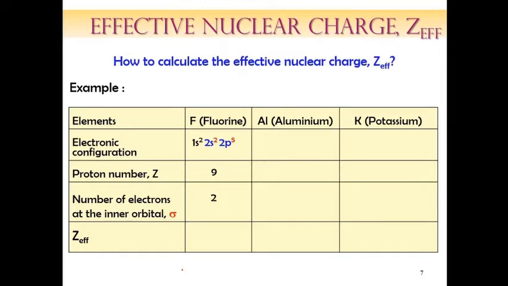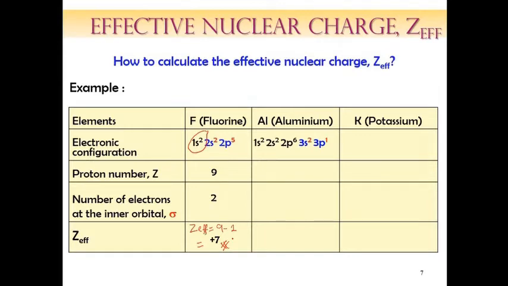The number of electrons in the inner orbital we get from the inner shell, that is 1s2. So the effective nuclear charge for fluorine is Z equals 9 minus 2. We get positive 7.